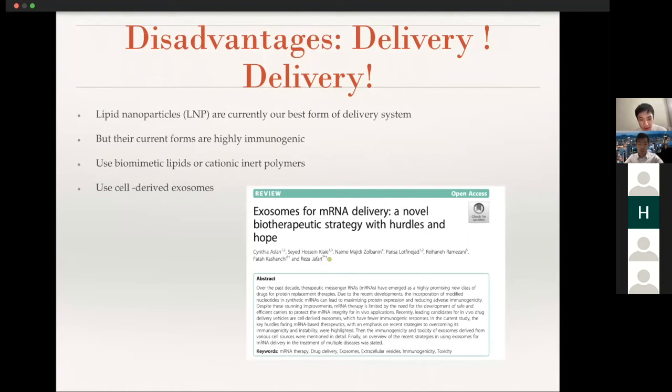Alternatively, we can move away from LNP and use cationic inert polymers such as a substance called PBAE to deliver RNA instead. Lastly, we can also use our own cell-derived exosomes for delivery.